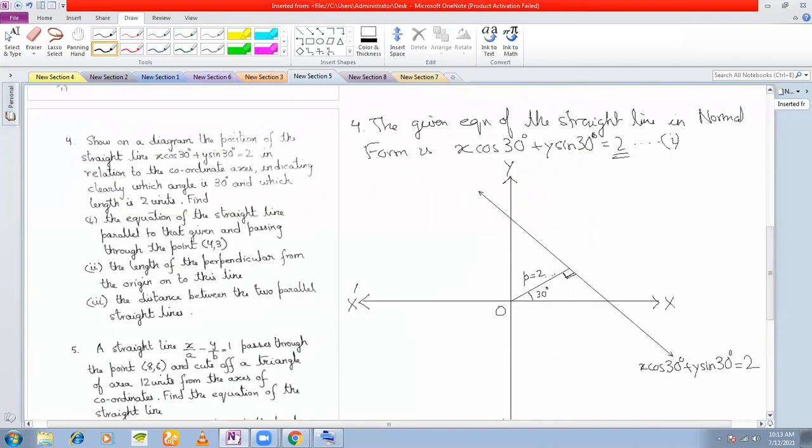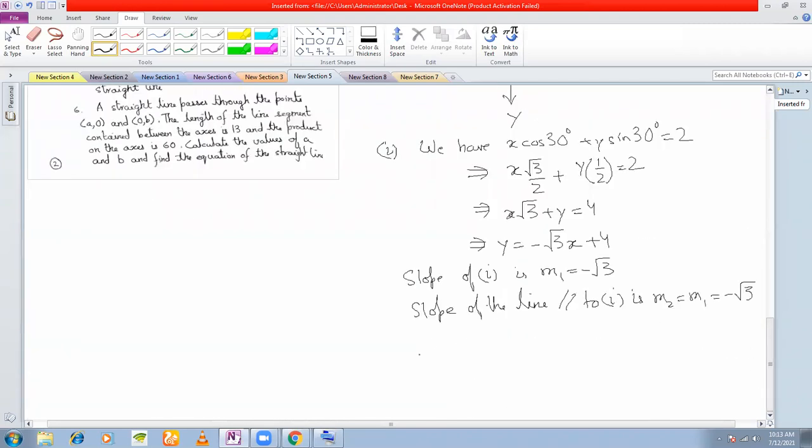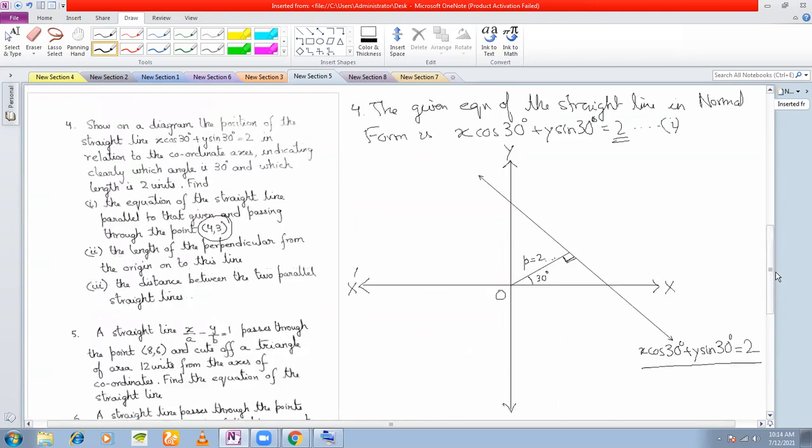Now you look at the question. What the question states? Find the equation of the straight line which is parallel to this straight line and which passes through the point (4, 3). Right? So what is the equation of the line from point slope form? Equation of the line which is parallel to 1 and passes through, which point is it given here? (4, 3).